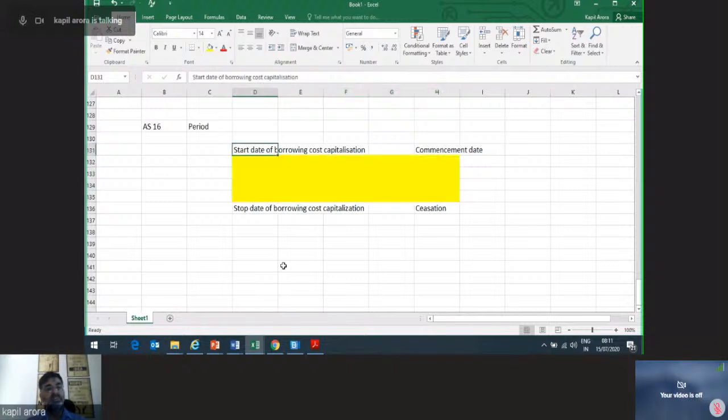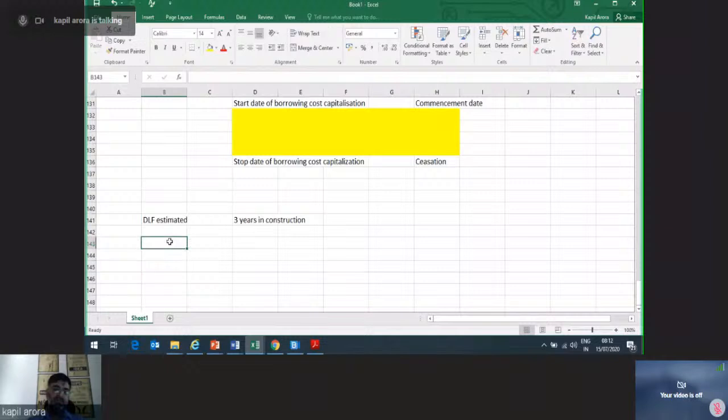So before moving on to the start and stop dates, it has also mentioned, let's assume DLF estimated that they will take 3 years in construction. But because of some reason, construction is completed in 6 years.